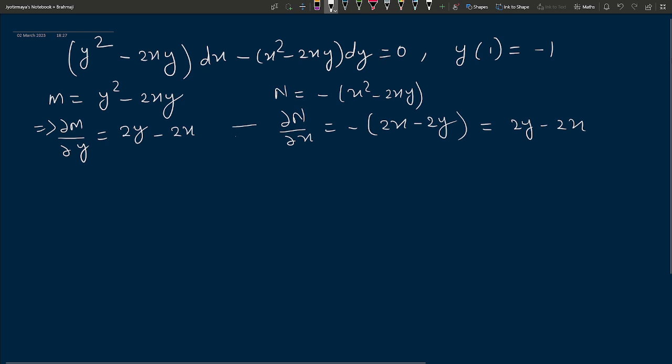Both del M by del y and del N by del x are equal, hence the given equation is exact, and its solution is given by integration of M dx plus integration of N dy equal to a constant c, where the integration of M is done treating y as a constant, and the integration of N is done only taking those terms without x.